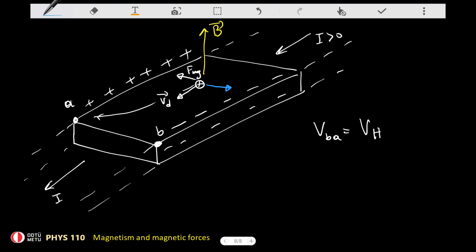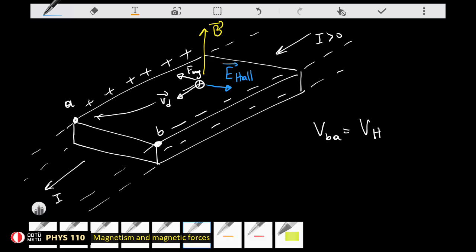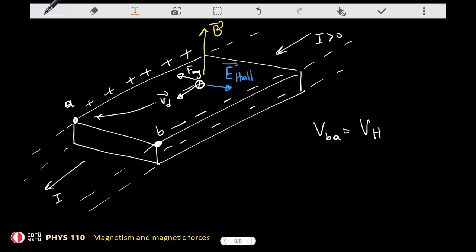From the side where the point A is to the side where point B is. This is because the electric field is in the direction from positive charges to the negative charges. So that's the Hall electric field. In this case, for example, you can see that the point B is at a lower potential than A.